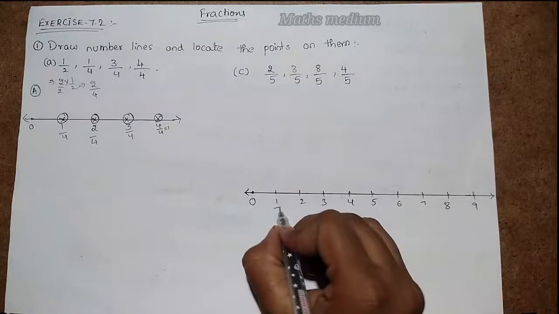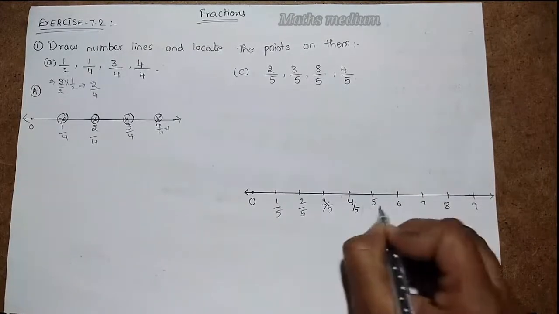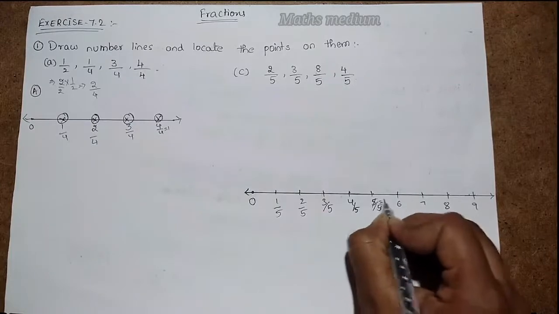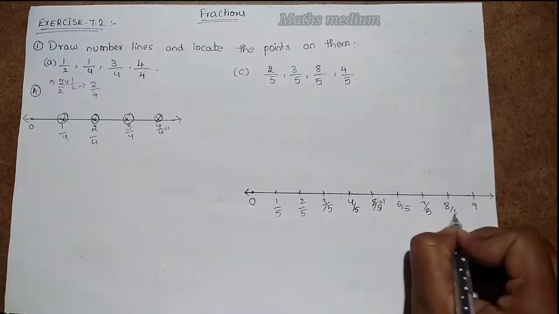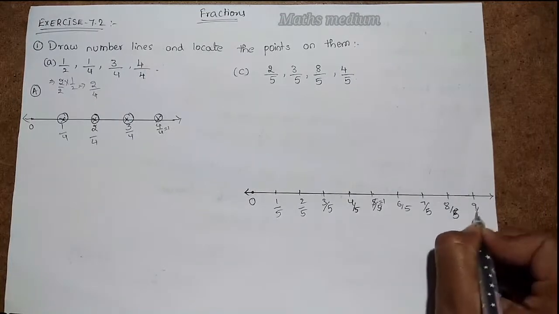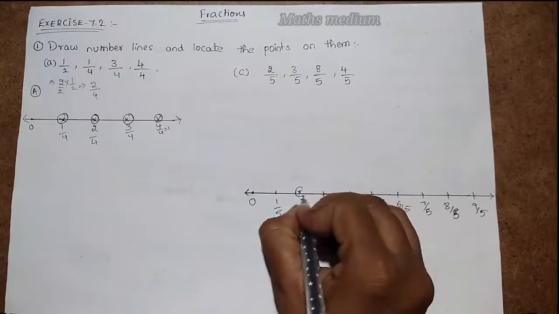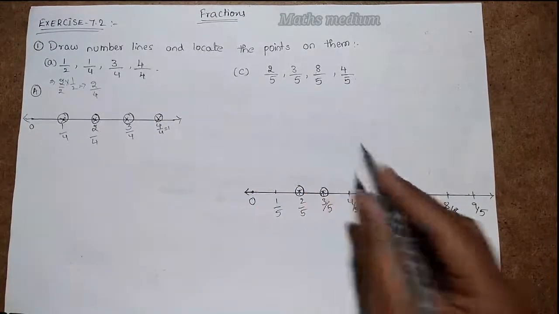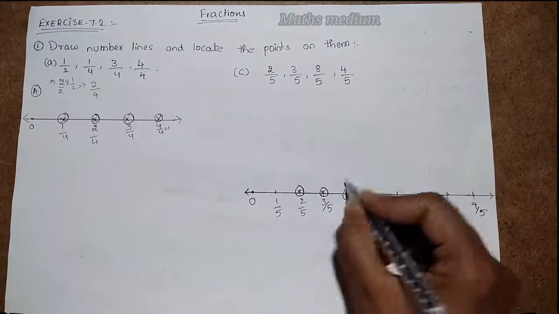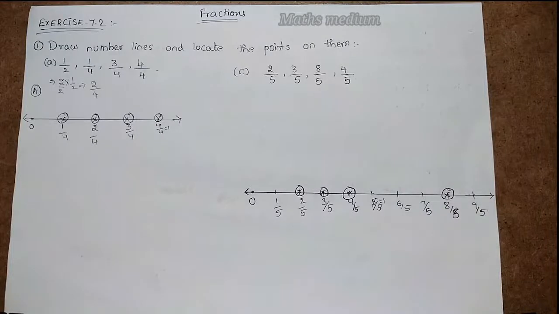So here by 5, by 5, by 5, by 5. This is 5, which is said to be 1 also. 6 by 5, 7 by 5, 8 by 5 and 9 by 5 also. See here, this is 2 by 5. This is the point 2 by 5 and 3 by 5. This is the point 4 by 5, and this is 8 by 5. This is the representation of fractions on a number line.